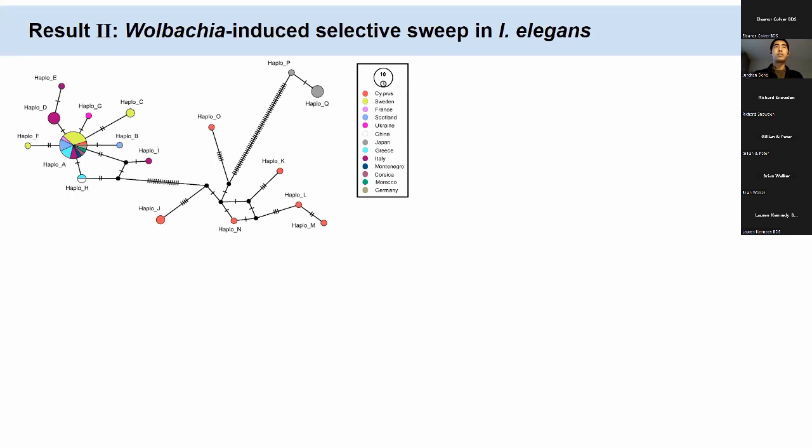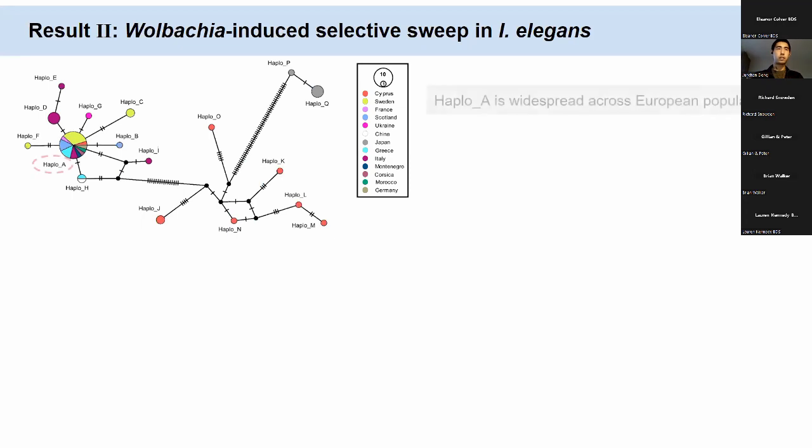In this graph, each circle represents one haplotype, and the black bar between two circles indicates the distance between two haplotypes. If there are more black bars, then those two haplotypes are more divergent. And this graph is colored by the countries.